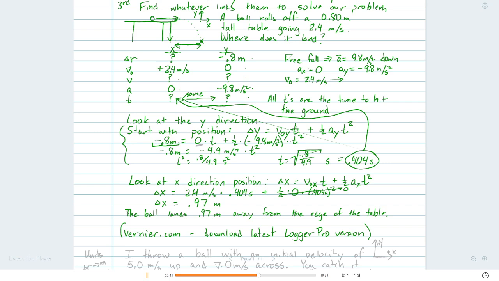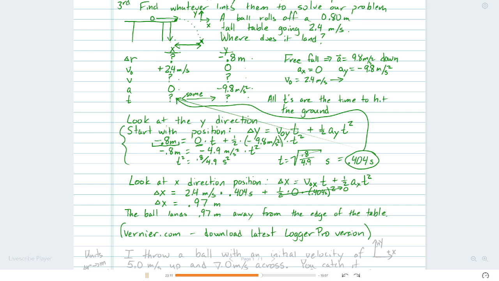We start out not moving in the Y direction. We're only moving in the X direction as we go across the table. We haven't started to fall yet. So our Y velocity is going to be 0, and that makes the 0 times t term go away, and that's what means we don't have to use the quadratic formula.